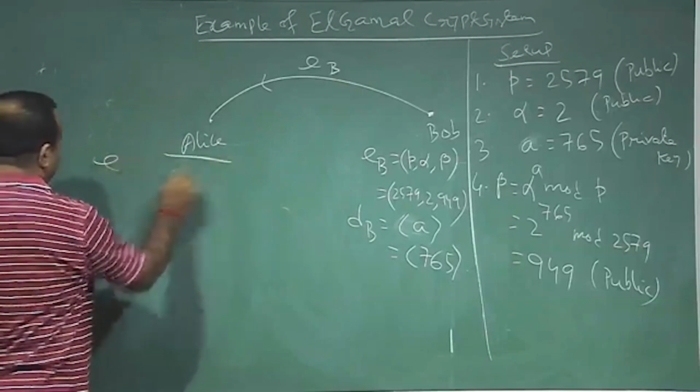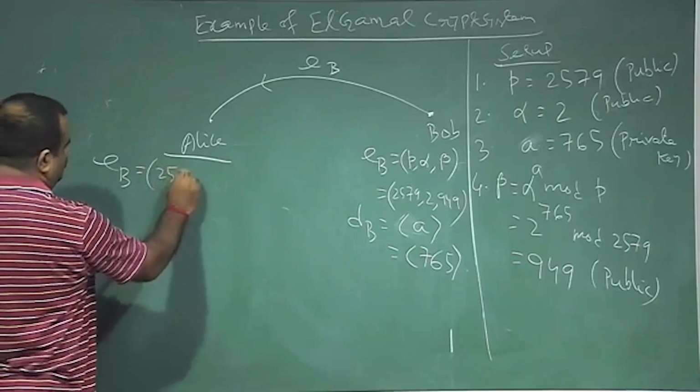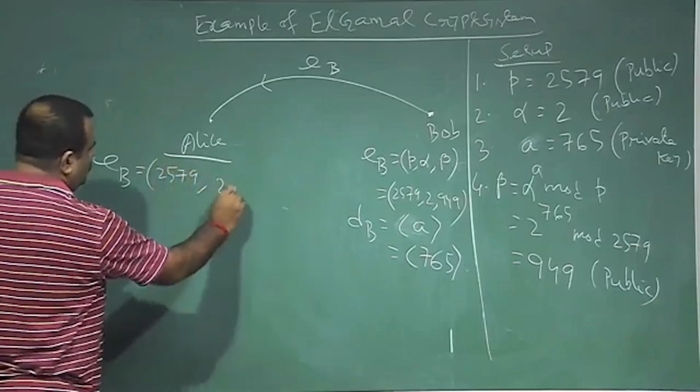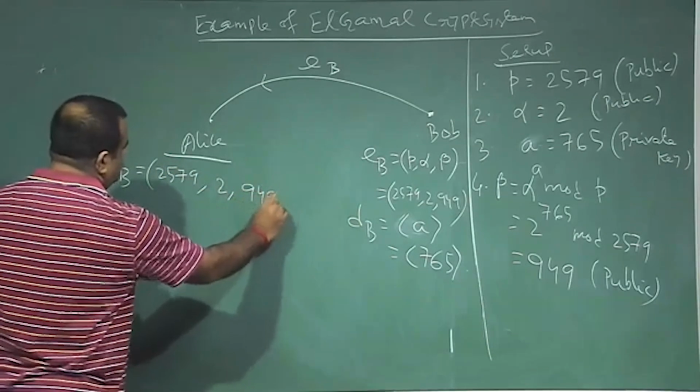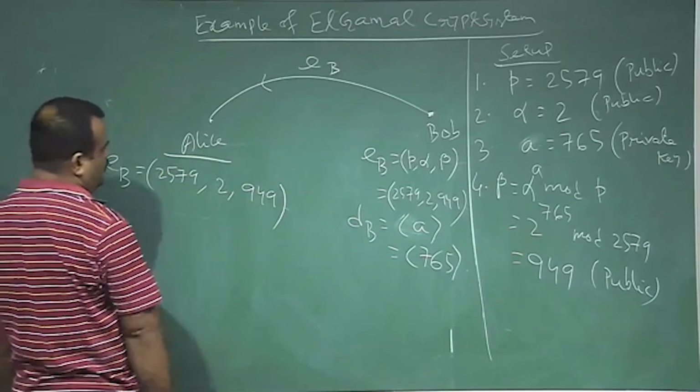So Alice has this EB, Bob's public key, because Alice wants to send a message to Bob. So Bob needs to run this setup phase in order to get his public key private key pair.